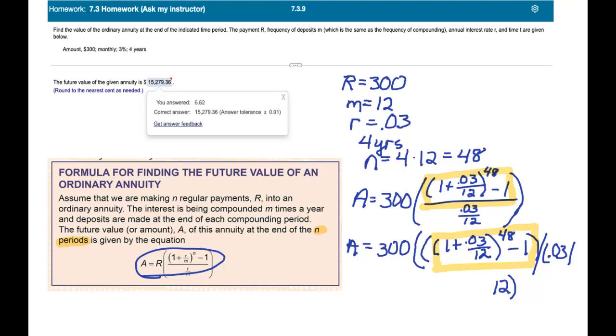Let's do a little different color here. That's this stuff. That's all in parentheses. And then we want to finish it up by saying all of this big fraction here. So we've got to put another parenthesis. So this big fraction here, or big parentheses for the fraction. Anyway, when we type all this into our calculator, our answer is $15,279.36.